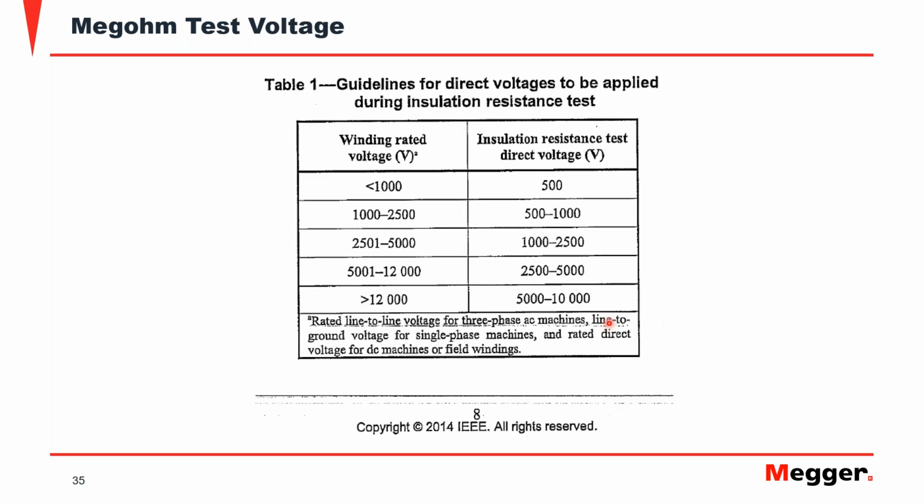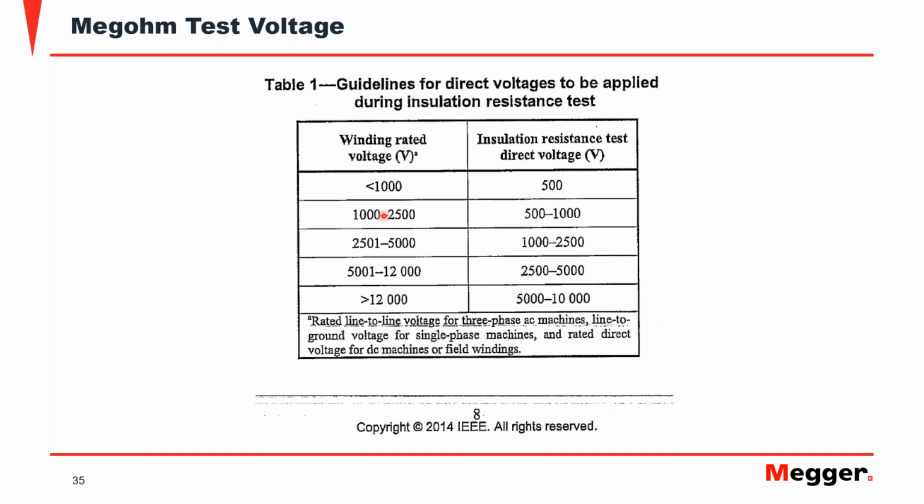What are the voltages that you should use in an insulation resistance test? Well, there are tables in the standards. The numbers are fixed for insulation resistance. Again, what you should do is inject this much voltage. For example, if your motor is rated for less than 1000 volts, you're supposed to do your insulation resistance test at 500 volts.